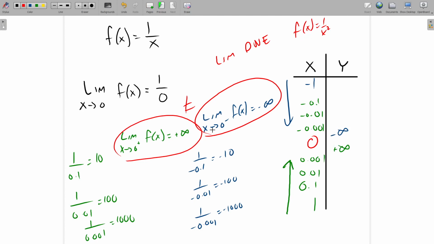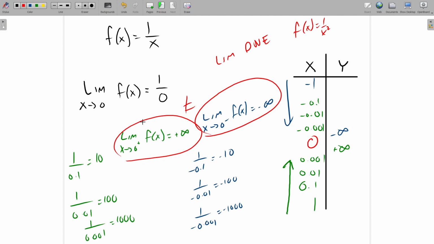So whatever function you have that has a vertical asymptote, we can analyze left and right limits numerically just like this. You might have a more involved function, but the process and the idea is still the same: to decide if you're going toward positive infinity or negative infinity at that asymptote from both the left side and the right side. If they're both positive infinity, then you can say that the limit as x approaches that number is positive infinity.